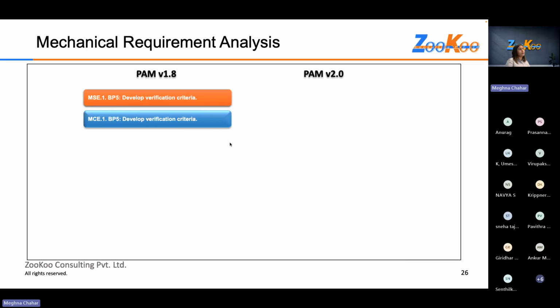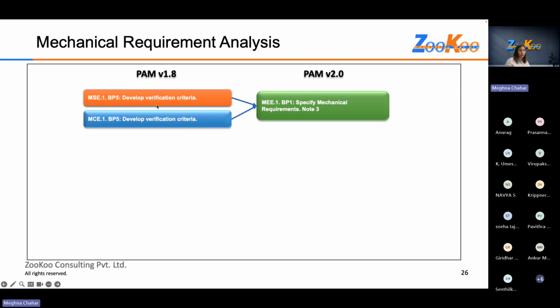Here is a change. To keep your Mechanical SPICE 2.0 consistent with Automotive SPICE 4.0, they removed this base practice. Okay. Verification criteria initially was a dedicated base practice in Automotive SPICE PAM 3.1. And in the previous version of Mechanical SPICE, yes, we did have a dedicated base practice, but this has been removed. Instead of a base practice, they have added a note in BP1.